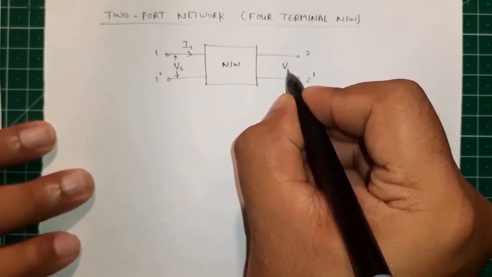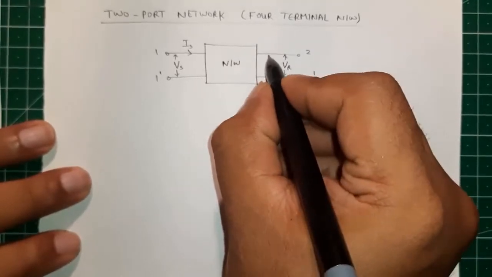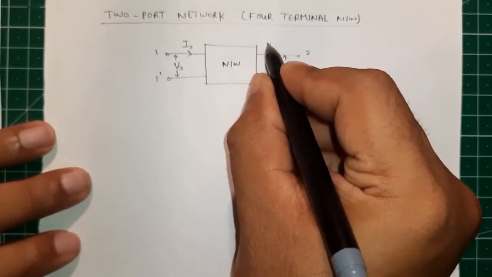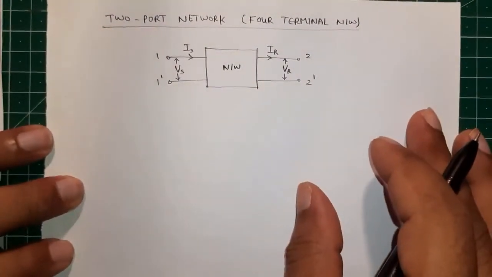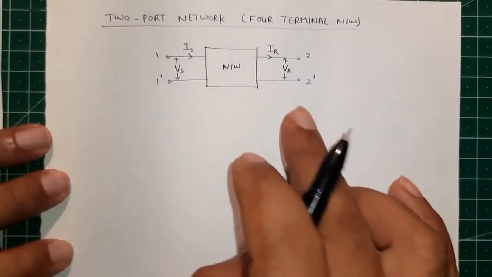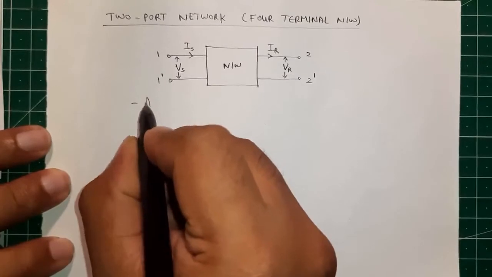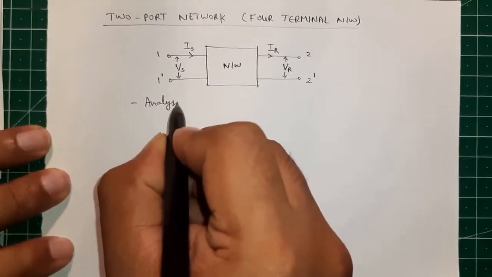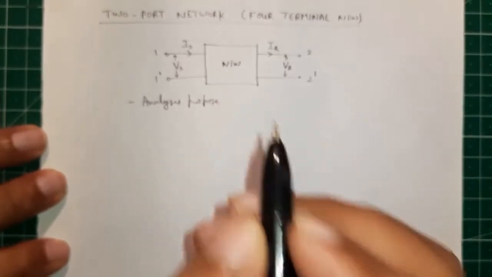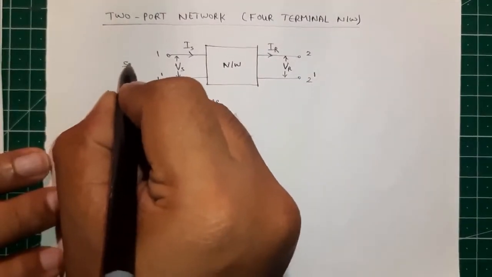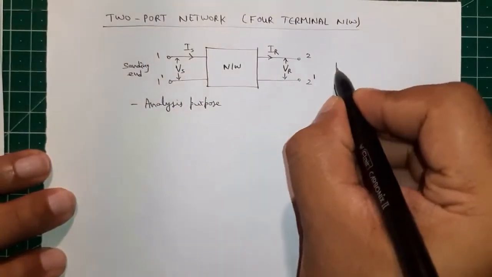At the receiver end we have a different voltage Vr and current Ir, the received current. Why we represent a network like this is basically for analysis purposes.